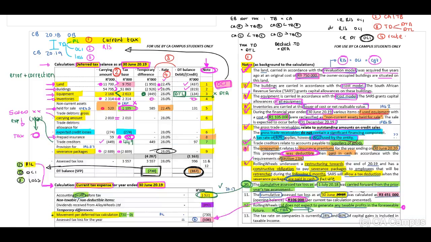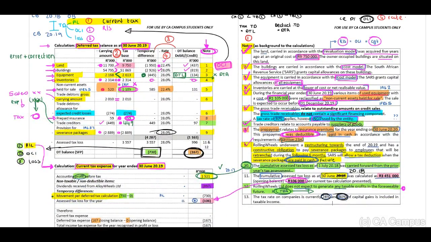Right, now when we move on, then we have note 13, tax rate is 28% and 80%. But guys, when you look at our current tax expense, remember we have now worked through our deferred tax. We have note 11 and 12. Look at this, note 11 and 12. They have included the assessed loss of 3,557.